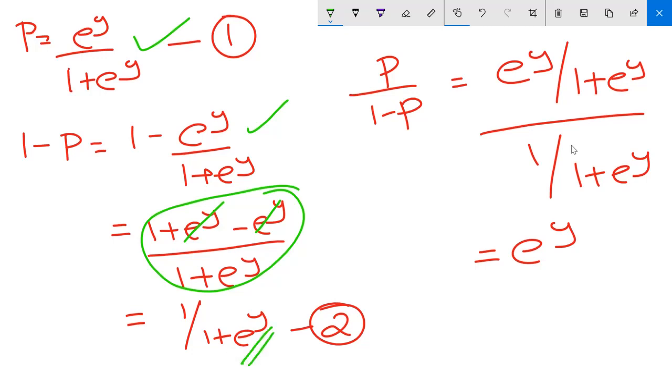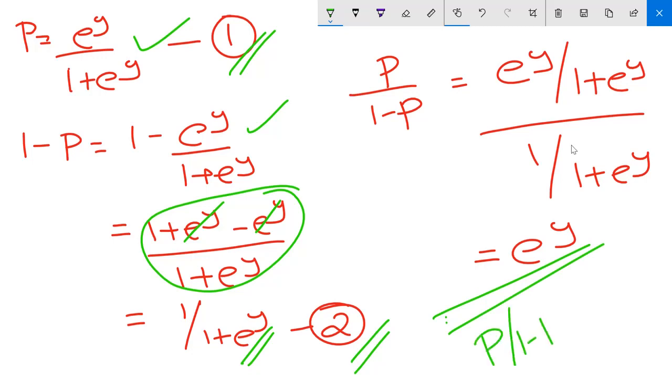Now what will be p by 1 minus p? Equation number 1 divided by equation number 2. So this will be e raised to y by 1 plus e raised to y, divided by 1 by 1 plus e raised to y. So this is the basic equation: p by 1 minus p equals e raised to y.